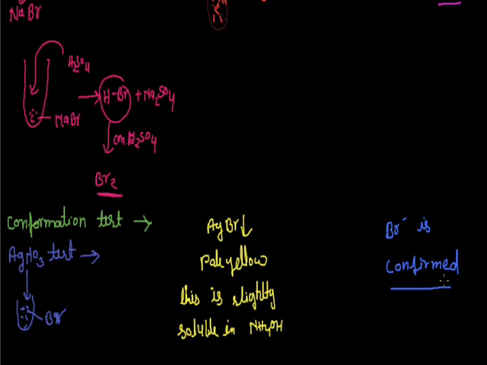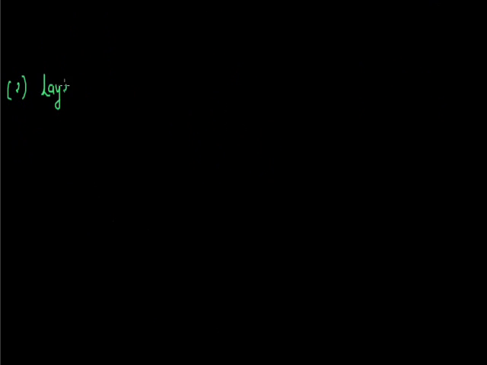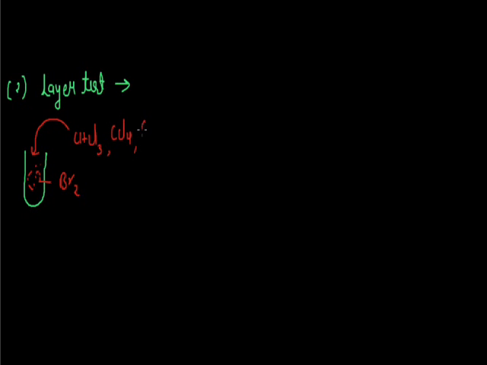Now we take another confirmation test, called the layer test. In the layer test, the test tube is evolving light orange or brown colored Br2 gas. To this test tube we add an organic solvent like chloroform, CCl4, benzene or carbon disulfide, any non-polar organic solvent.